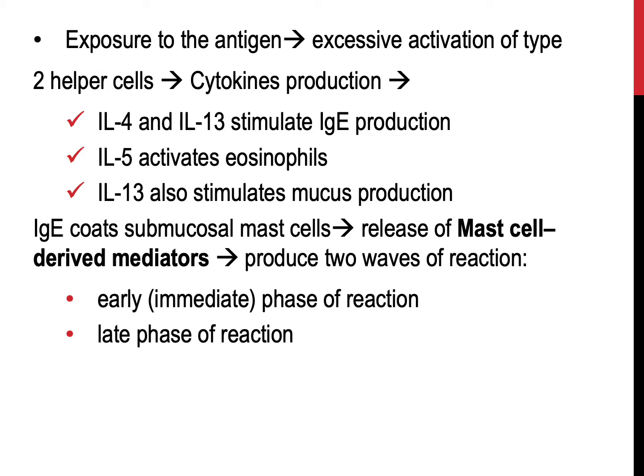Interleukin 13 stimulates the mucus production. Then IgE coats the submucosal mast cells. Upon re-exposure, the release of the mast cell derived mediators happens, and this will produce two waves of reaction. The first is the early immediate phase of reaction, and the second is the late phase of reaction.